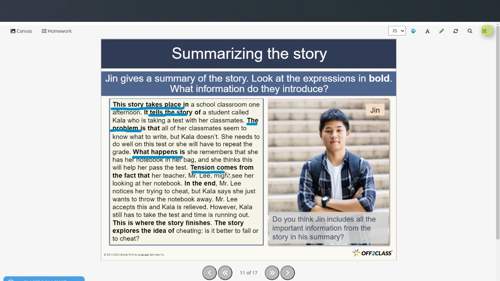Tension comes from the fact that, again, that relates to conflict. In the end, that's part of the plot. And here the story explores the idea of cheating. That is the theme. And so, do you think that Jen includes all the important information from the story in his summary?